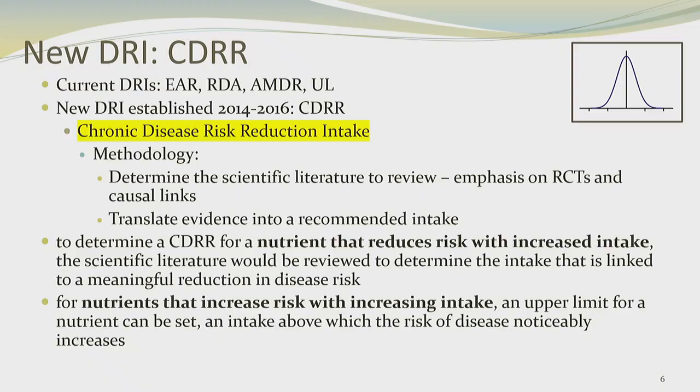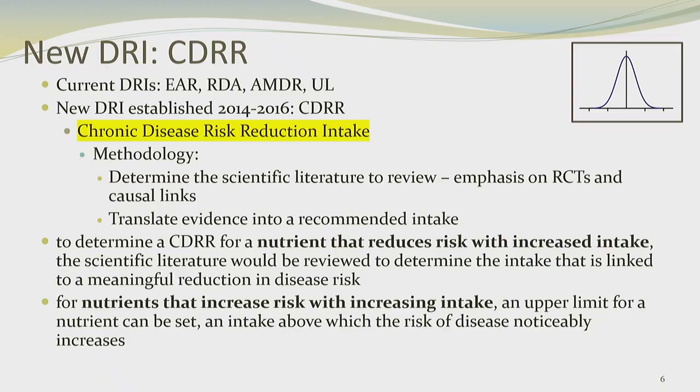This is a new dietary reference intake that was just recently established, and we only have a CDRR for sodium. As you gather from the name, it's intended to represent an intake that helps to reduce the risk of chronic diseases. For example, when we are determining a DRI, it might involve a review of scientific literature that looks at the relationship between a nutrient and some chronic disease.